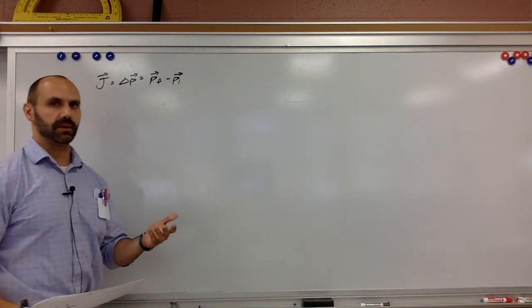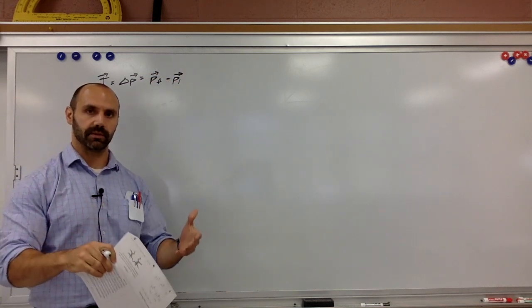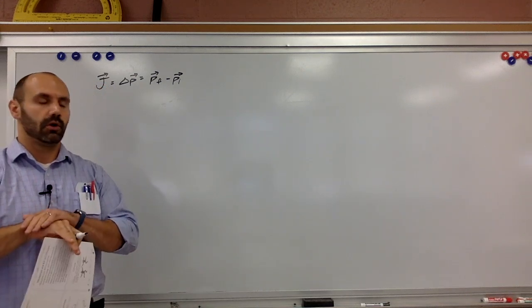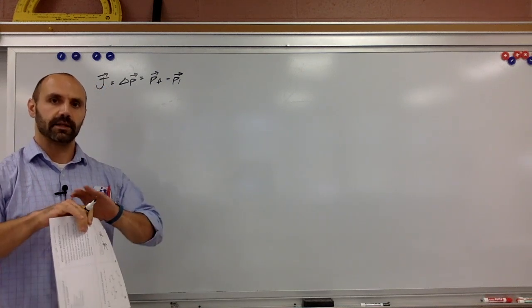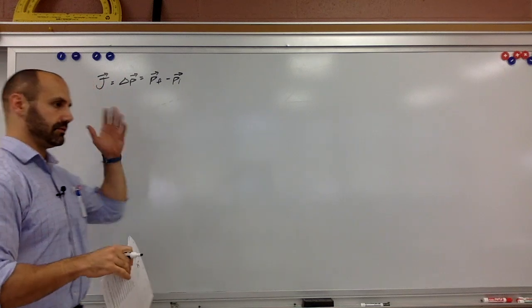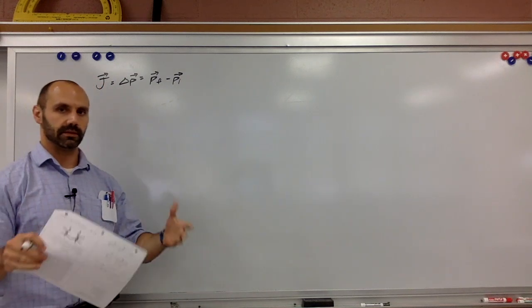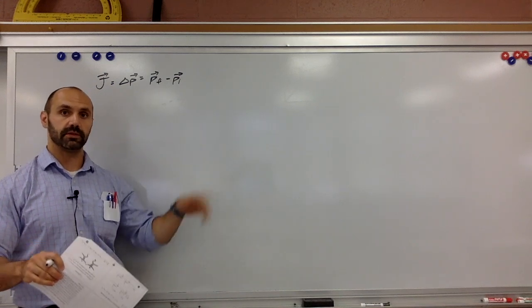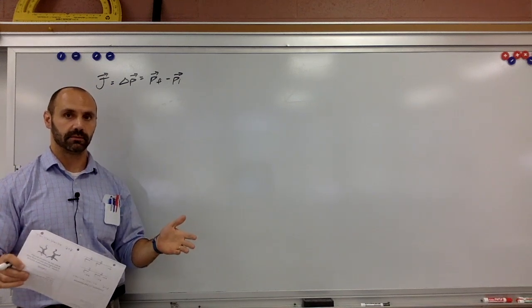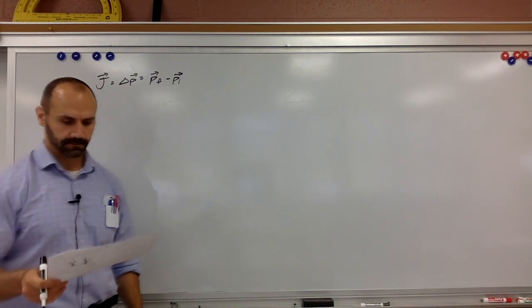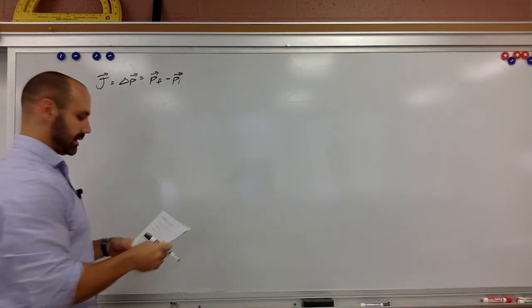This is one of the few places where we say the change in something has its own name. Impulse is all it is: change in momentum. Anytime you see J, just think change in momentum. In fact, it might be helpful that anytime you see it, just substitute delta P to help you think about it.